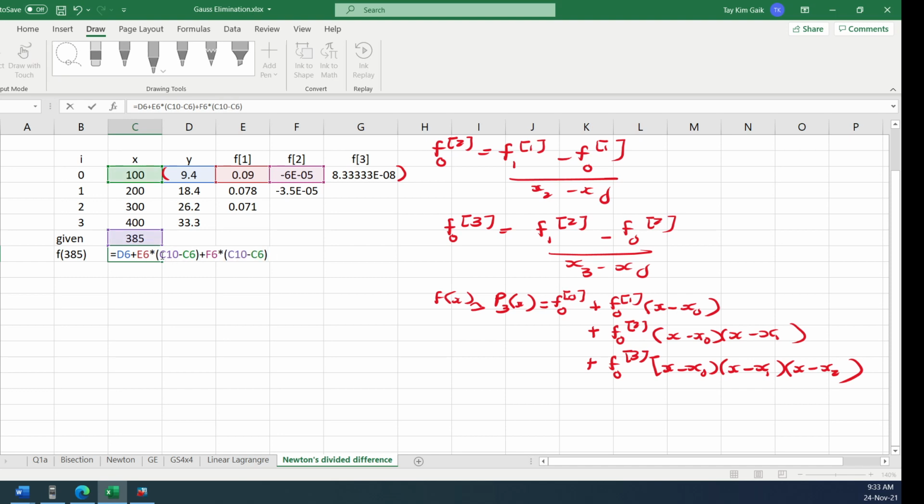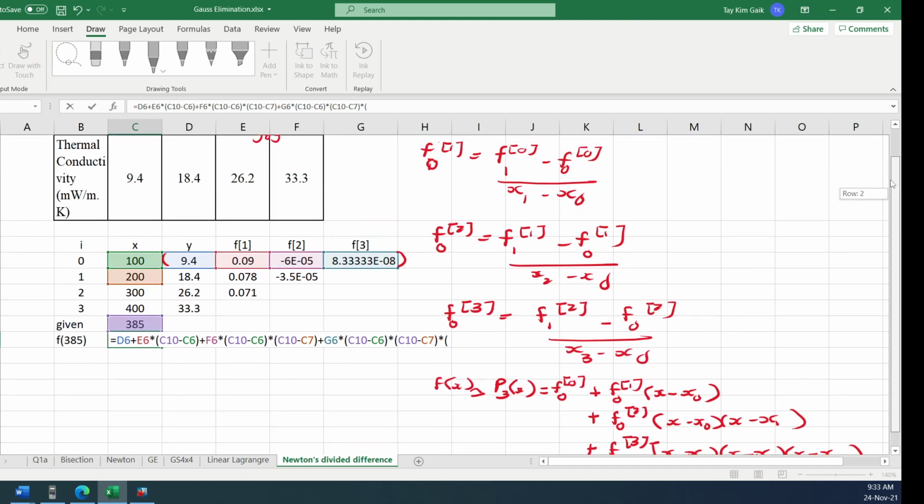So this is for first level, second level x minus x naught, x minus x1, plus f03 multiplied by, I copied these two terms, multiplied by x minus x2.